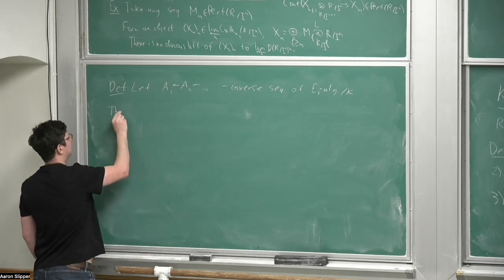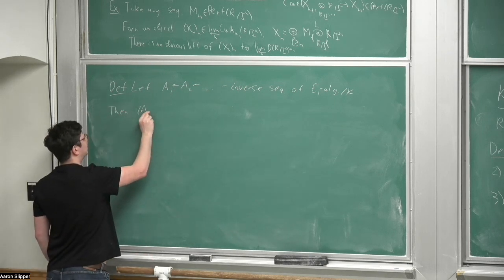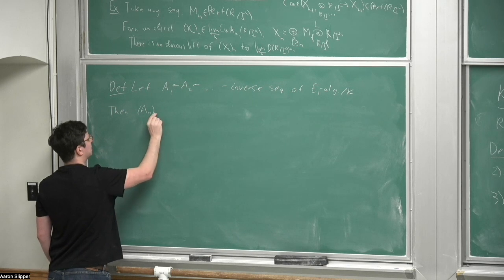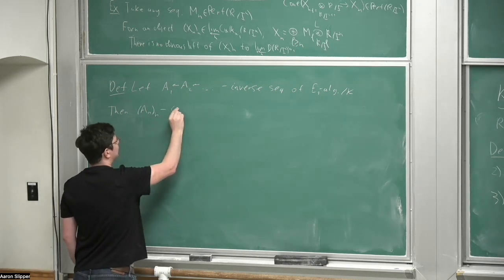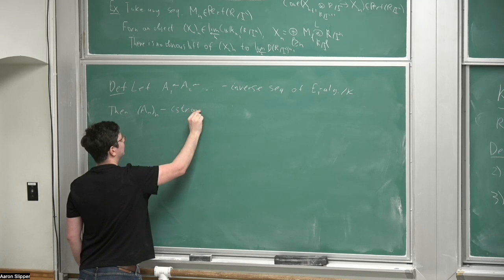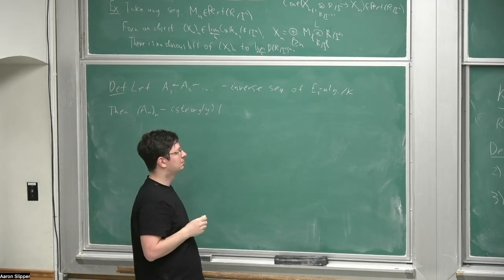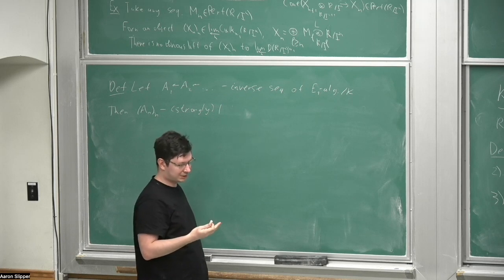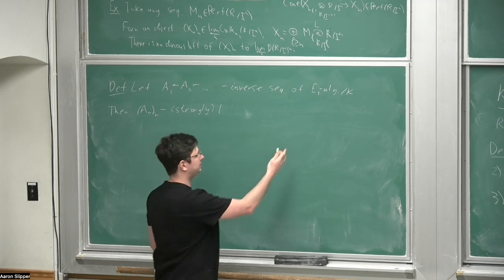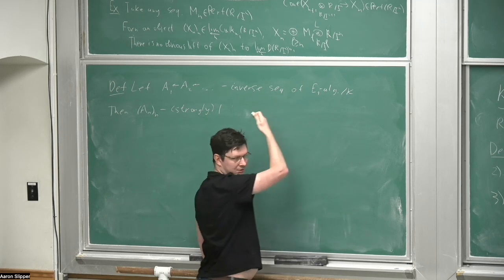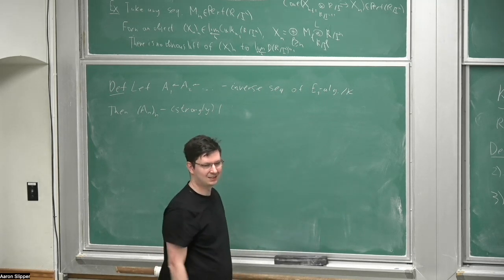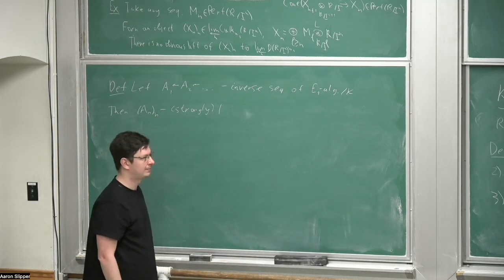Then the sequence is, let's say, strongly Mittag-Leffler. E1 is basically the same as A infinity, or if K is just the usual ring, then you can think of DG algebras.